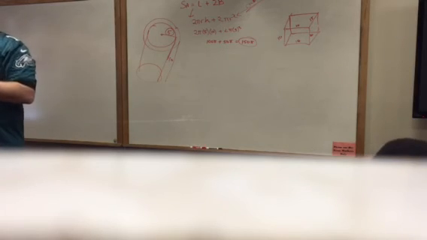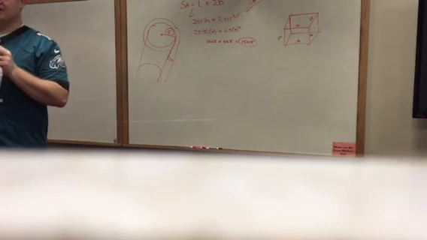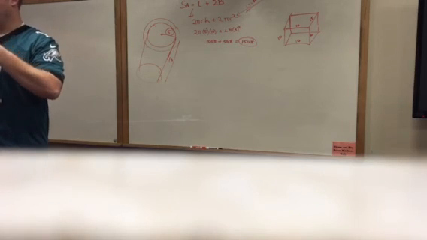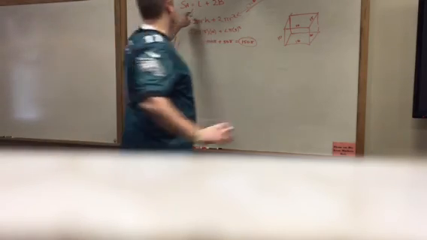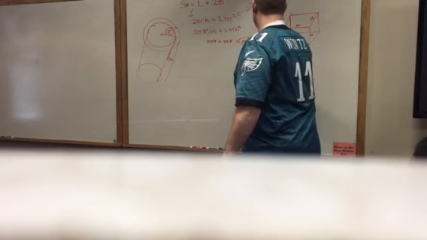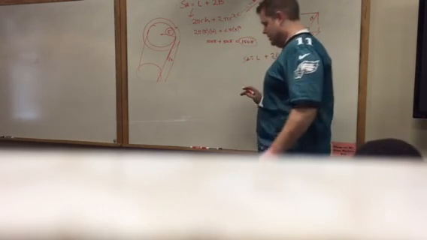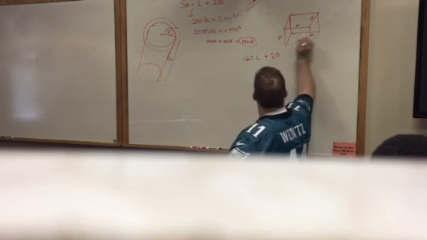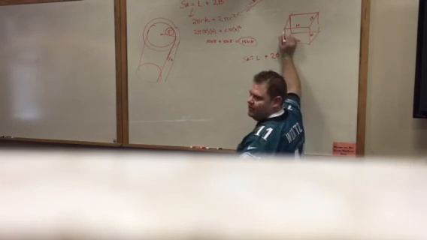Does that make sense? Once again, we need the lateral surface area, which is the distance around this way, all of that, and then the two areas. So we start with our first equation, right up here. Surface area equals L plus 2B. Now, class, what is the equation for distance around this?